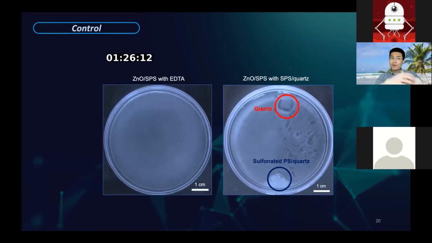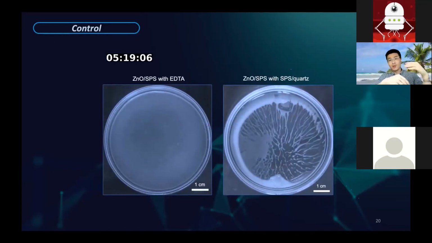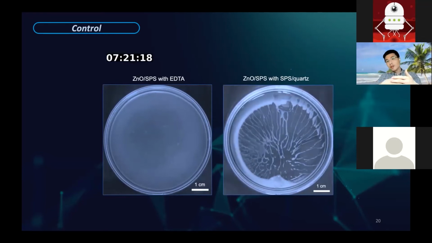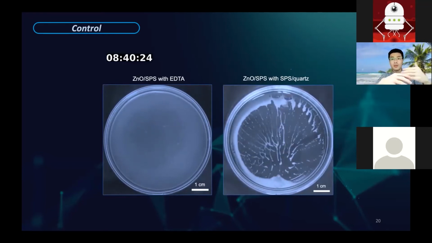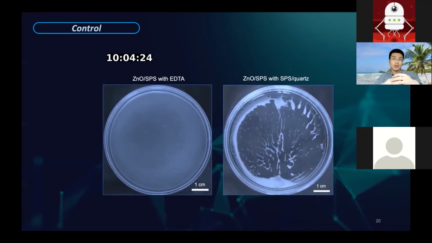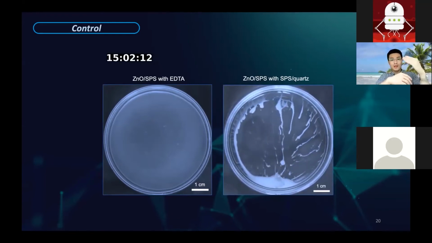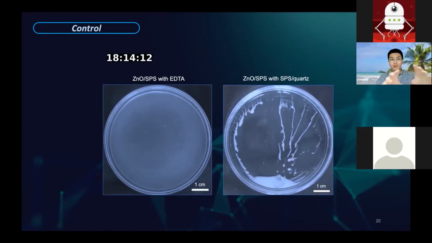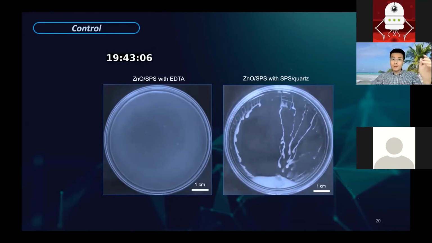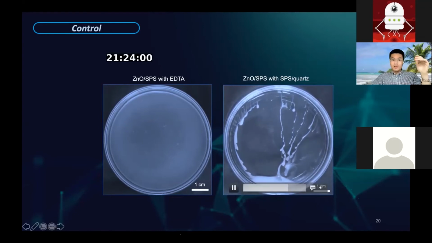And then we also did some control experiments. We added some EDTA to the solution, because EDTA can bind the ions in the solution, so it can block the ion exchange reaction. When the ion exchange reaction is weakened, the swarming behavior, as you can see in this video, almost disappears.